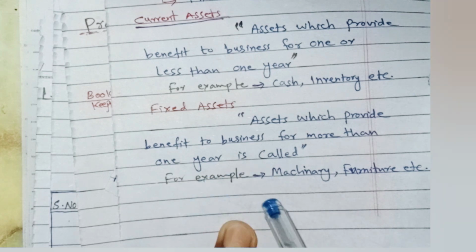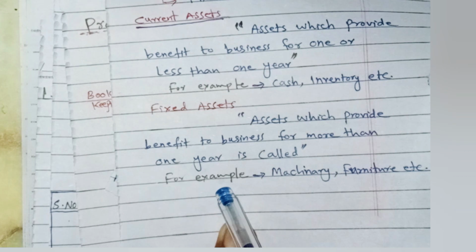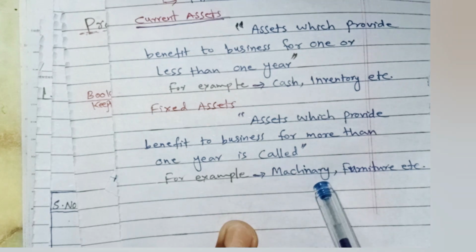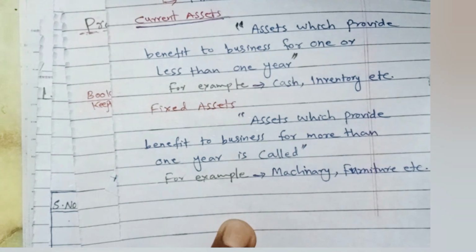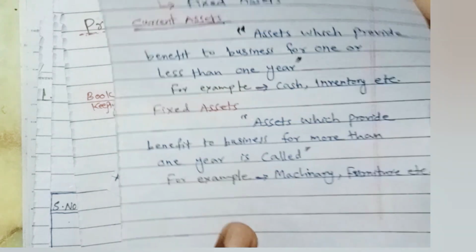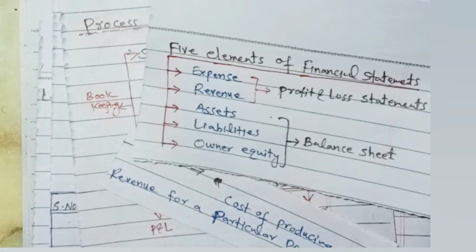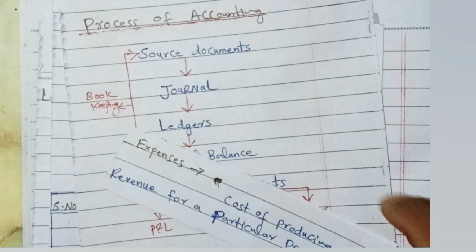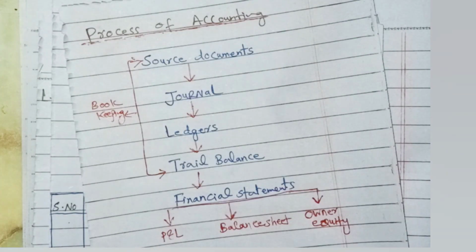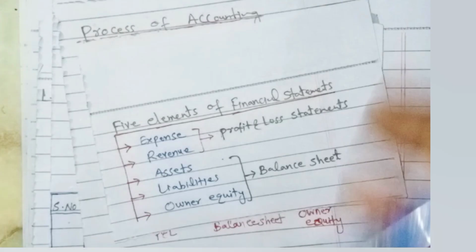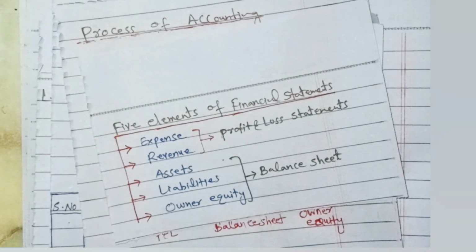It means any assets which provide benefit to business for more than 1 year is called fixed assets. Example of fixed asset is machinery, furniture, etc. You have understood the definition of assets. You have already understood the definition of expenses, okay, and revenue.